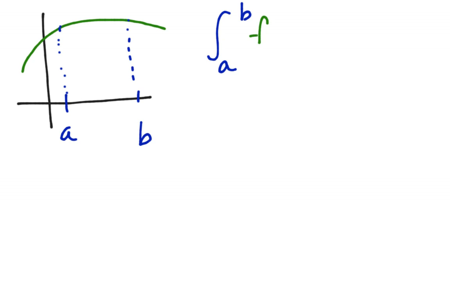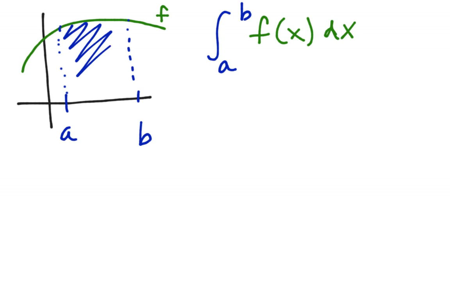I can find the area underneath this curve between A and B, right? And we know this to be true because it's what we've been doing for a little while now. And that's denoted by the integration from A to B, and we'll just call this f of x dx. So we're really looking at all of this area.